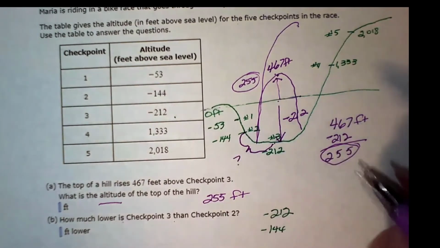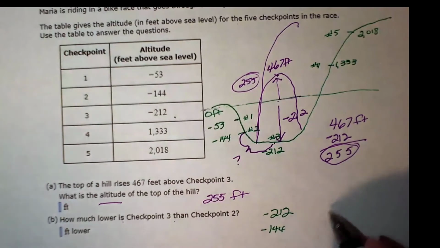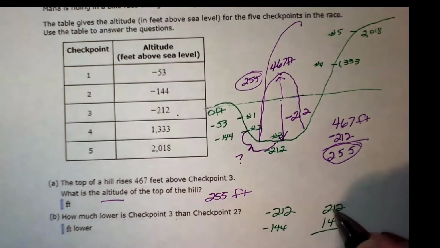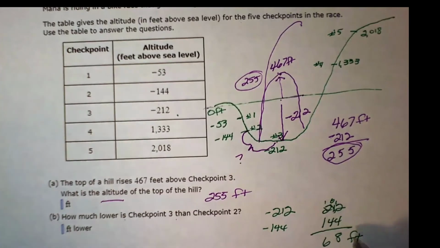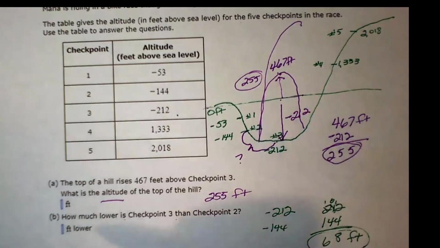Between 144 and 212, what's the difference? Well, if I just subtract, and I'm not going to think of these as positive or negative, just 212 feet, how far is it from 212 to 144? 68 feet. People tend to answer this as negative 68 feet because it went down 68 feet, but it says lower, so I don't need the negative sign. It's just going to be plain old 68 feet.